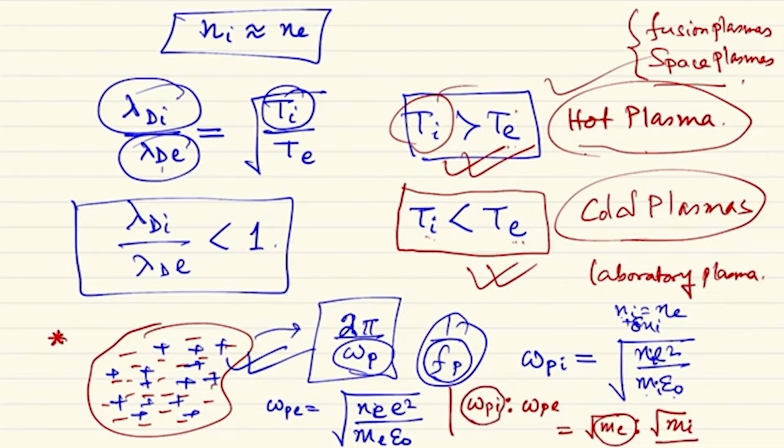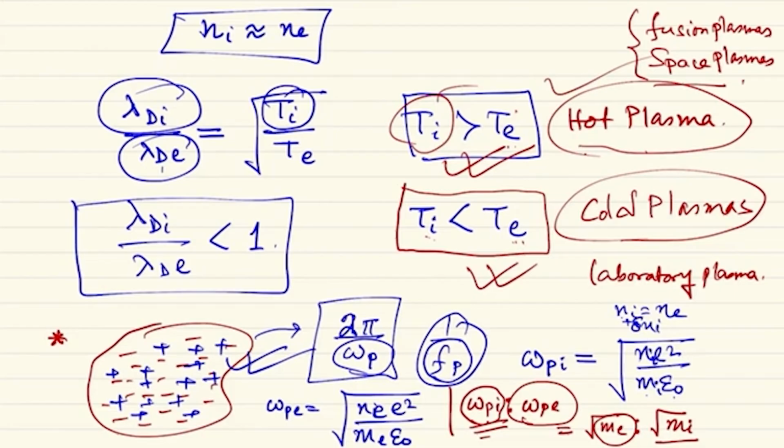As the mass of one electron is much smaller than the mass of one ion, the ionic plasma frequency is lower than the electronic plasma frequency. That means if you perturb the electronic charge and the ionic charge by the same amount, the ion population will take much more time to re-establish its charge neutrality.